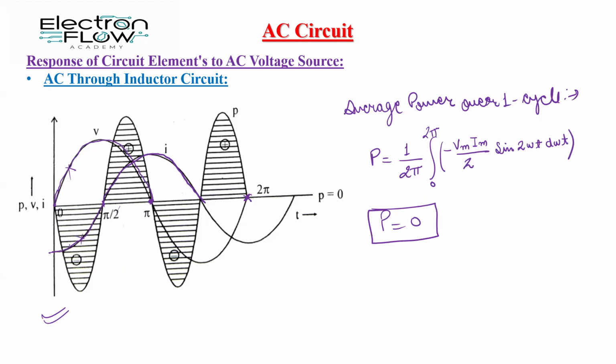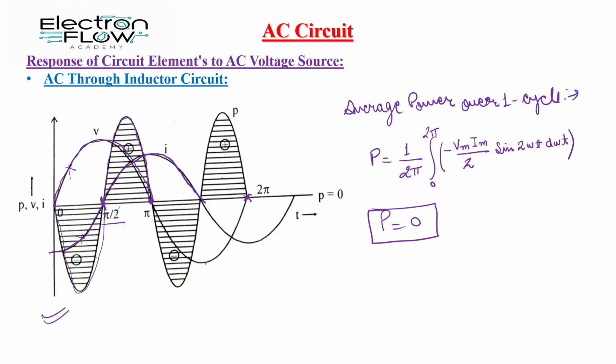This is negative power because in the region from 0 to pi by 2, the current is negative, so multiplying this negative current with the positive voltage gives negative power. Then from pi by 2 to pi, both values are positive, so I get the positive waveform of power, and so on.